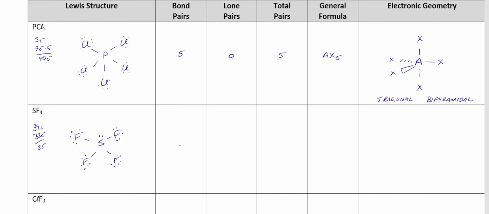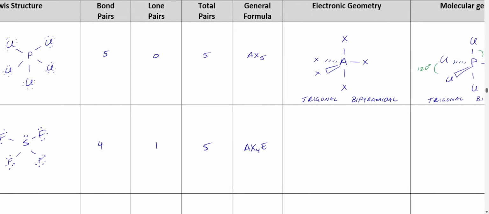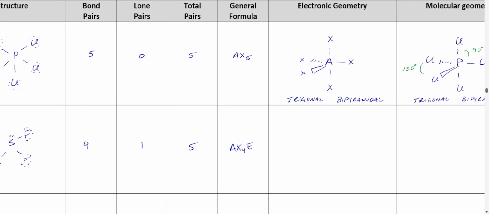So bond pairs I have 4. On the central atom I have 1 lone pair, right? Remember, this is always referring to the central atom. Total pairs of 5, and now I have AX4E, and I end up with this electron geometry. Well, I have my central atom, and in trigonal bipyramidal, if we have lone pairs, they always go on the trigonal plane, and we can see that rule at the top listed.